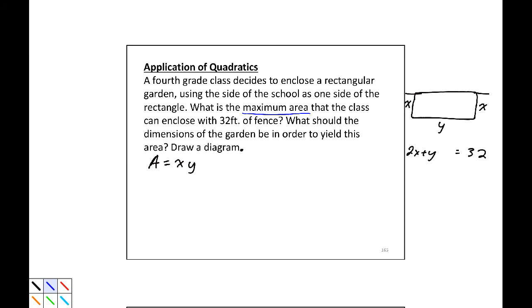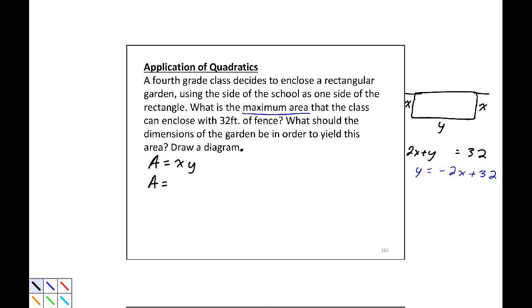What I'm going to do is take that equation I just wrote, 2x plus y equals 32, and solve that for y. That would be negative 2x plus 32. Then replace that value of y into our area formula.